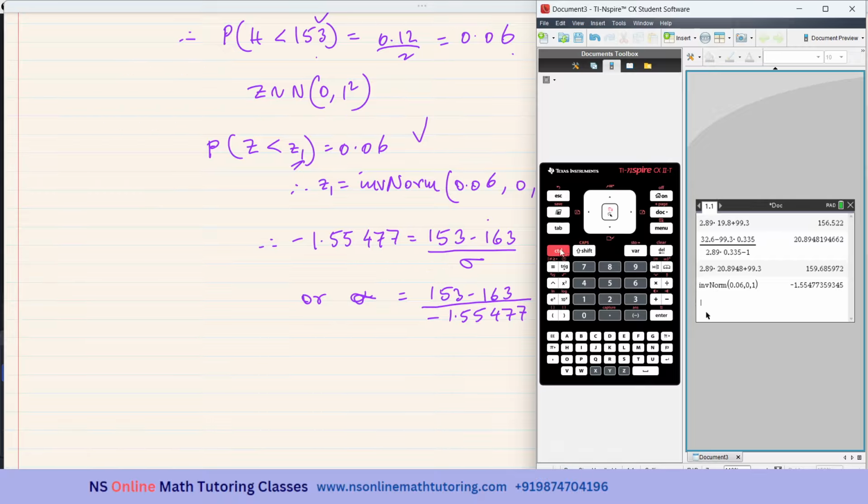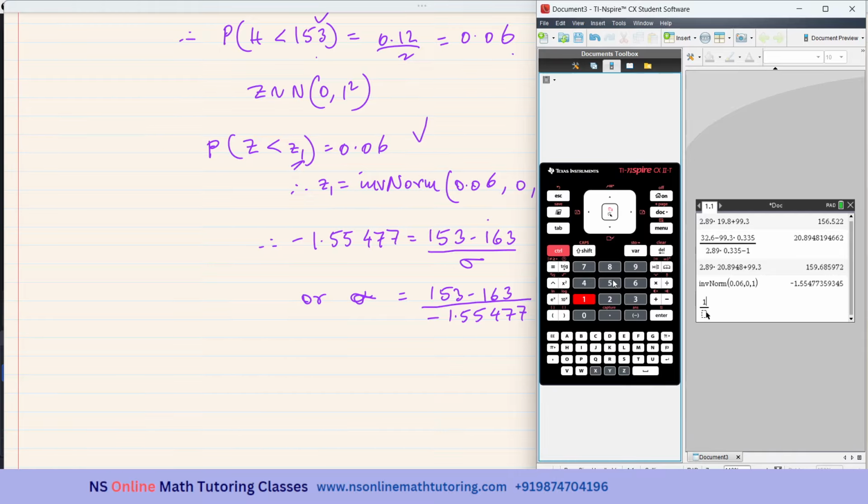Calculator. 153 minus 163 divided by, you can write this or I can take the entire answer. Let me take the entire answer in this case. You may try with negative 1.55477 and you'll get the same value.